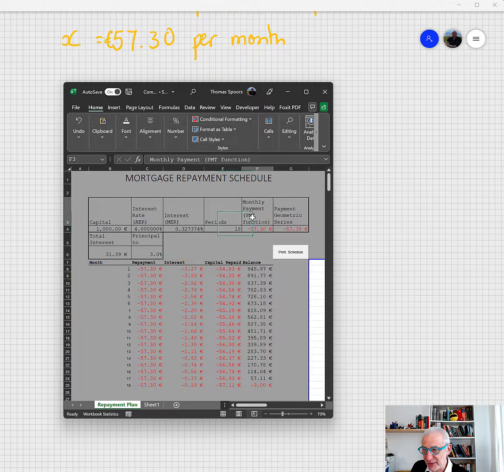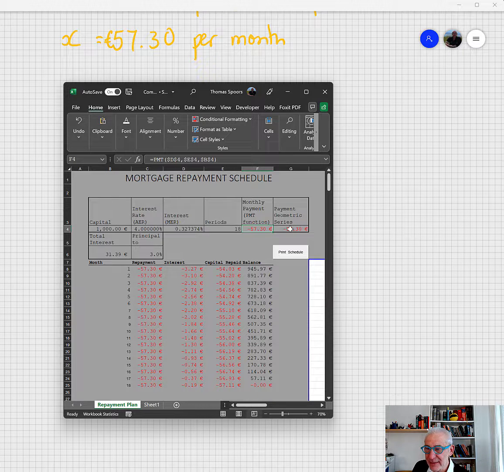You've got a function called the PMT function, and sure enough, when you use the PMT function, it comes to 57.30. Here is my capital, 1,000, my interest rate, 4%, my monthly interest rate, 0.327374%, so that's why it looks slightly different to the one that we've written down. The number of periods is 18, and it tells us that it's 57.30.